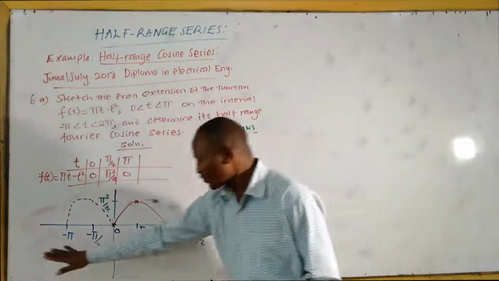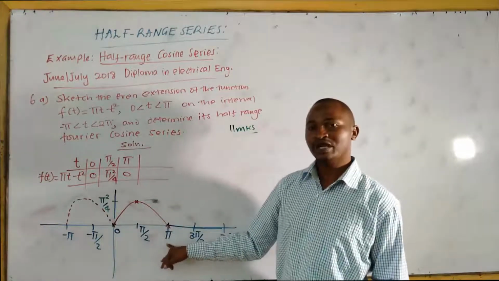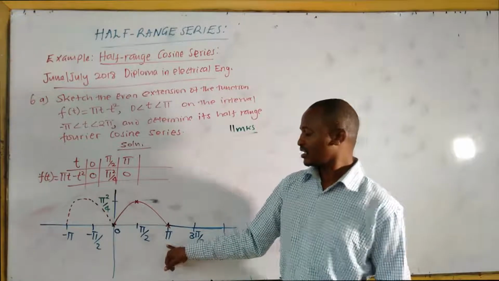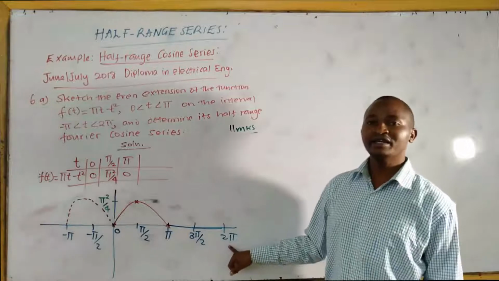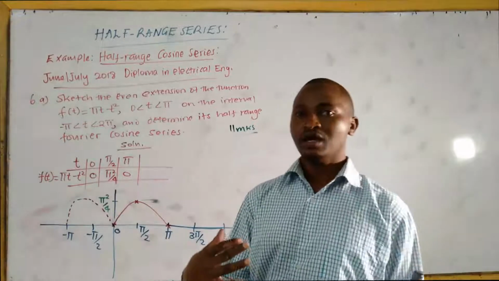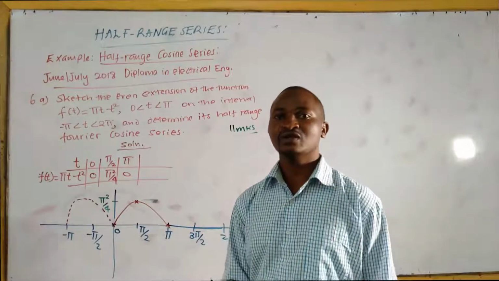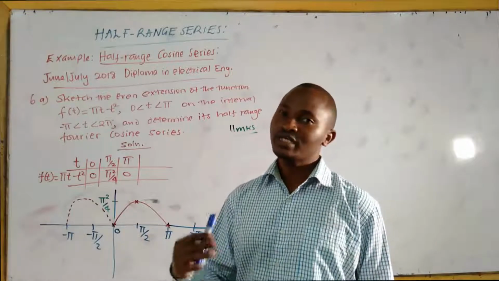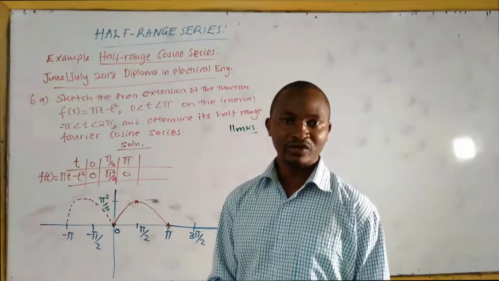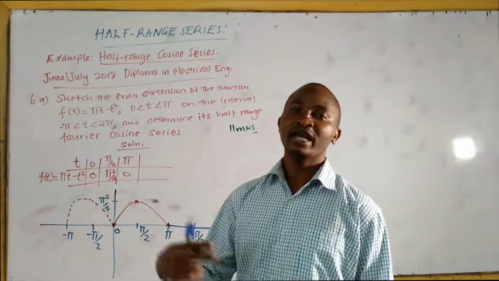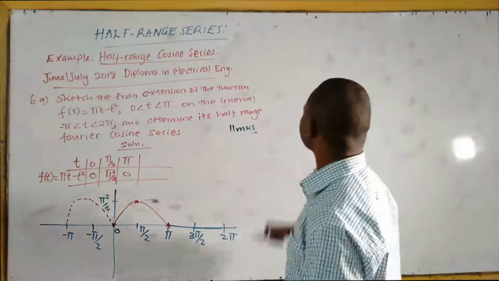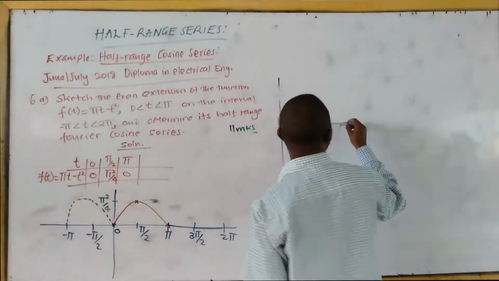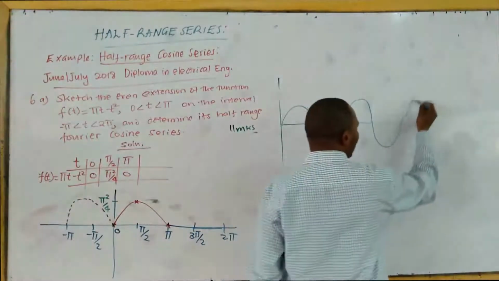It means from negative pi to pi, we have completed a whole cycle of 2 pi radians. From pi to 2 pi, we will be beginning our next cycle. Remember, for a periodic function, you just have one period being repeated over and over again, like an AC current, just one cycle repeated over and over again.